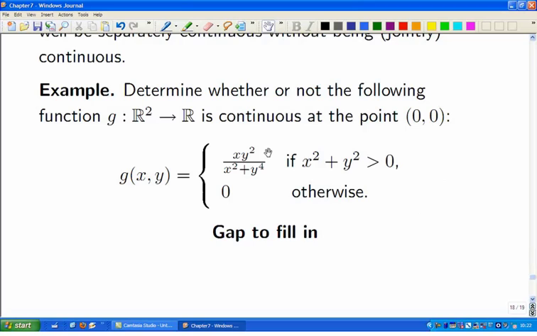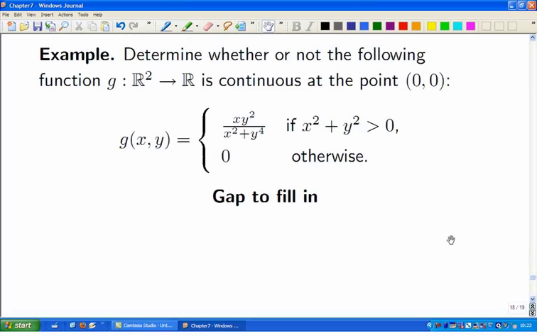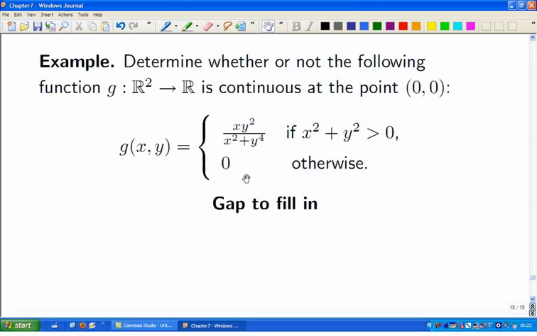Here's another one. As I said before, this is one where no matter which straight line you try, it's okay. You get the right limit. If you're coming along either axis, then you tend to 0, which is the right value.